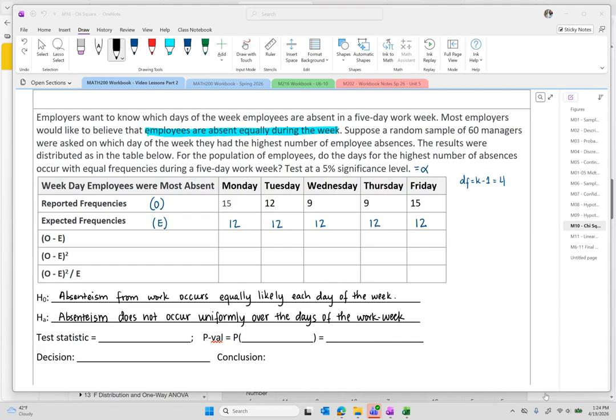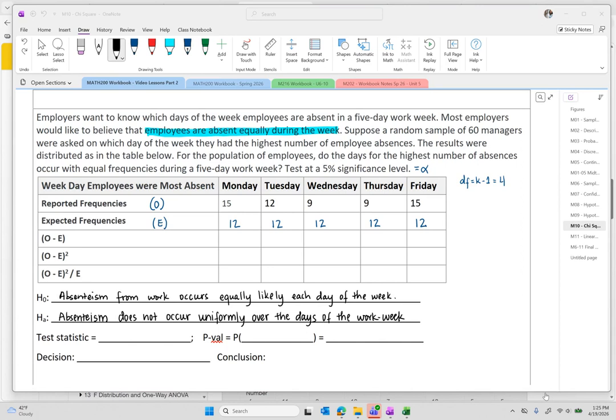And we have 5 categories: Monday, Tuesday, Wednesday, Thursday, and Friday. We are comparing these groups to see if they are uniform or not. Uniform means that the probability for each day of the week to be a popular day to be absent will be 20%. So 20% times 5 days will be 100%. The probabilities will be equally likely.